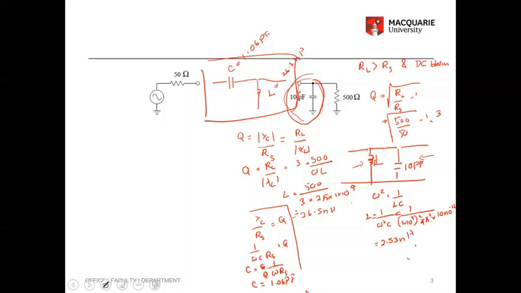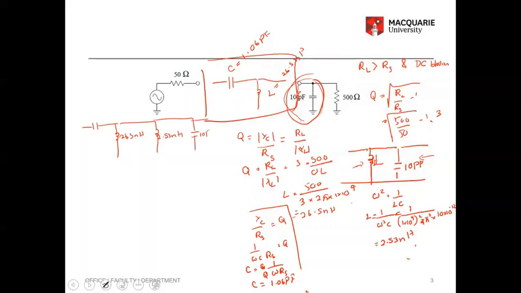So basically we want a circuit that has a capacitor, an inductor of 26.5 nanohenry, and then another inductor which is 2.53 nanohenry, and then this capacitor of 10 picofarad.